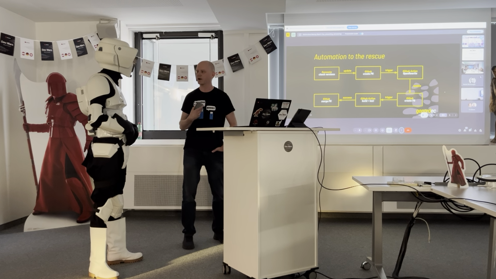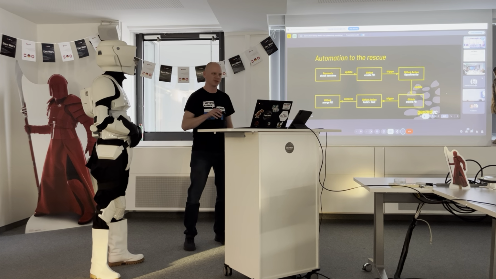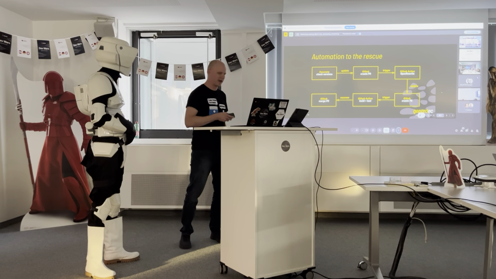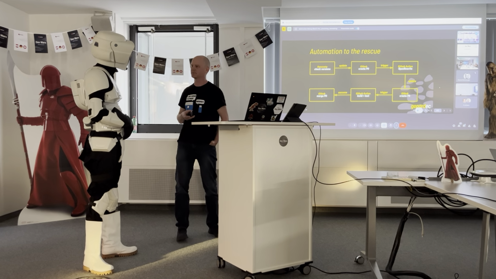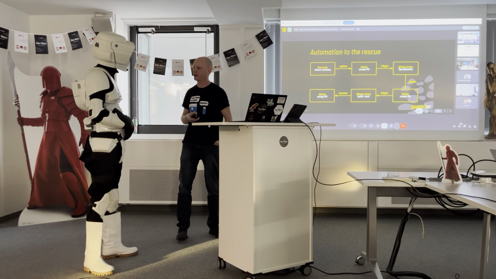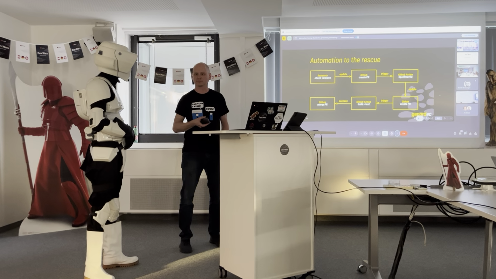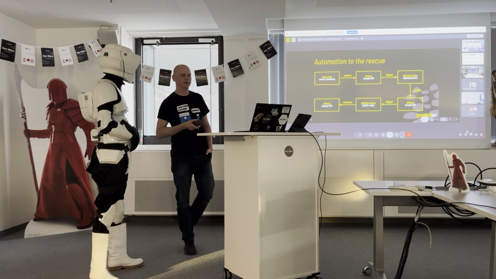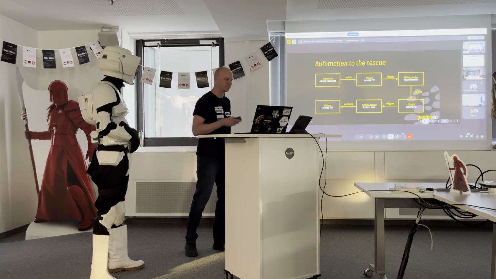We then create our own pull request because we do not want to mess with the pull request from Renovate. And after that, the normal build and test pipeline is executed. If everything is fine, we then can just merge the pull request. And on the next run from Renovate, Renovate closes its own pull request.